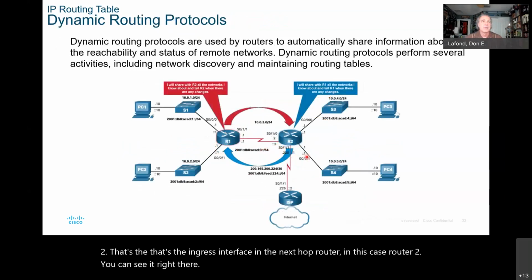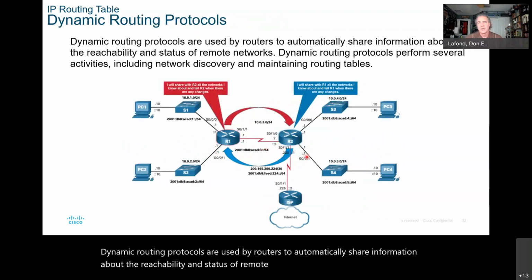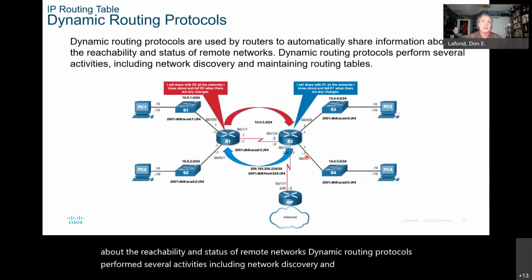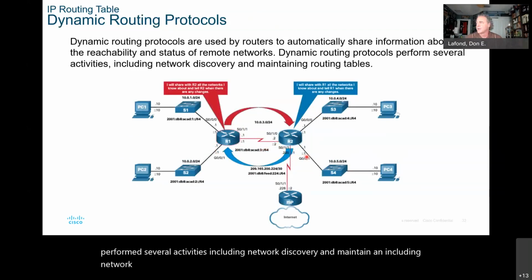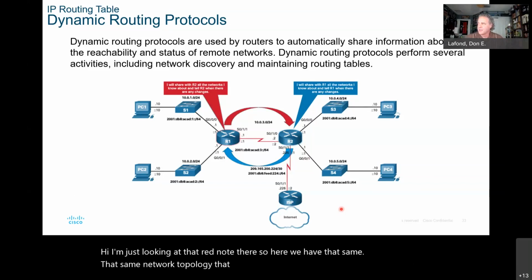Now, dynamic routing protocols are used by routers to automatically share information about the reachability and status of remote networks. Dynamic routing protocols perform several activities, including network discovery and maintaining routing tables. So here we have that same network topology that we started out the class with.